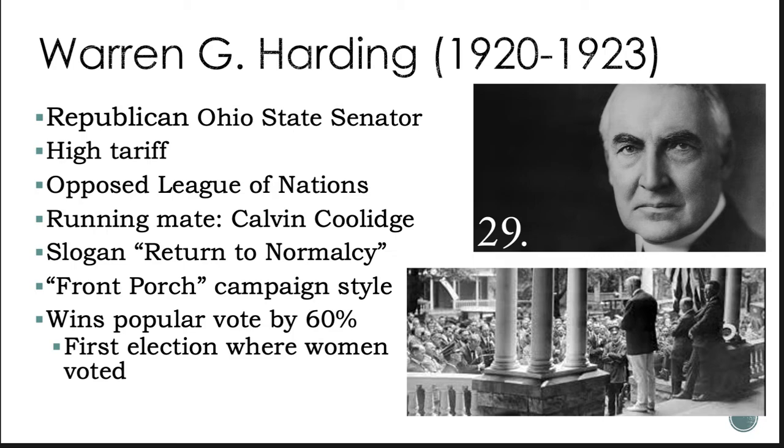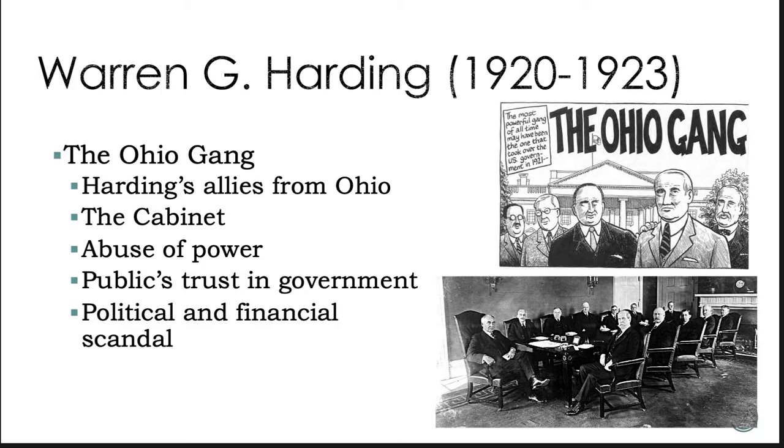But we are going to learn Harding's presidency was not all fancy pants and great and wonderful sunshine and butterflies, because Harding is going to surround himself with friends and political allies from Ohio in the White House. He is going to fill his cabinet with these buddies.